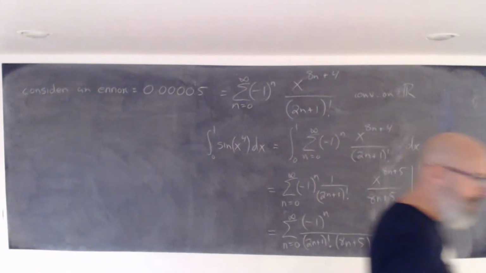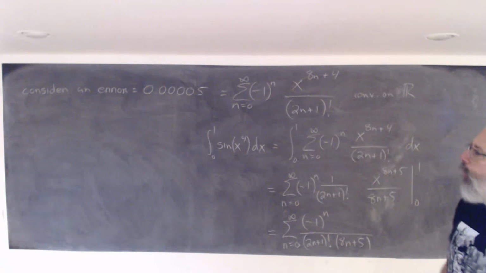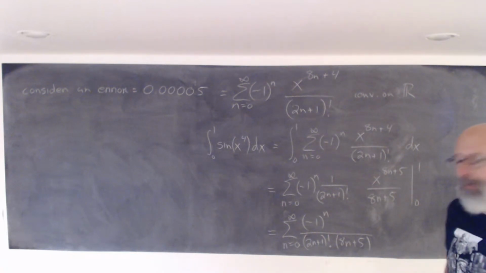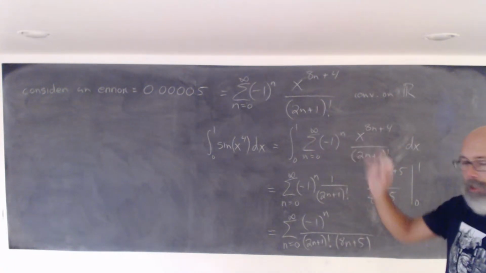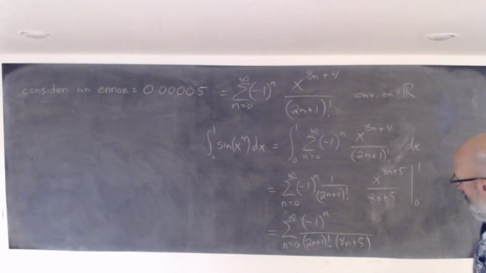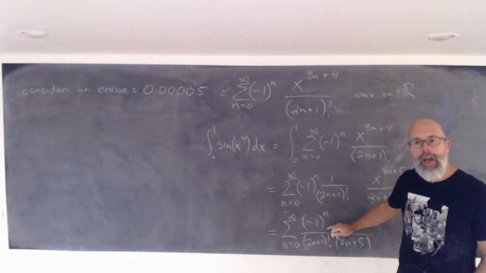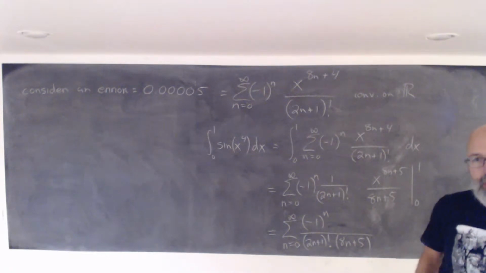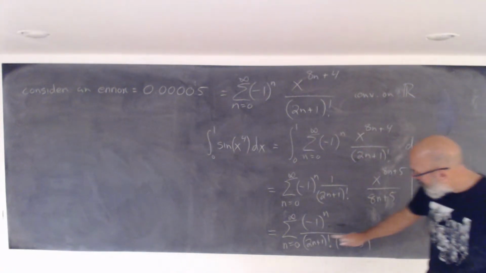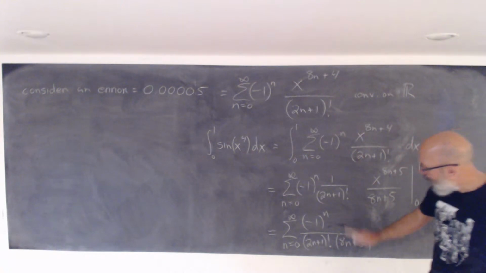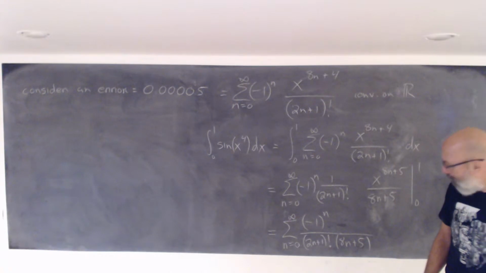We're going to start by assuming an error halfway to the next, and perhaps adjust as need be. Luckily for us, what do we have here? We have an alternating series. And it's easy to see that the numerator is just 1, and the denominator is getting larger and larger.